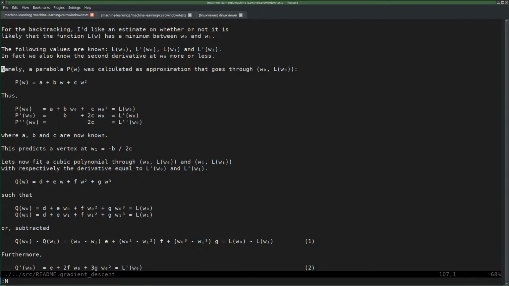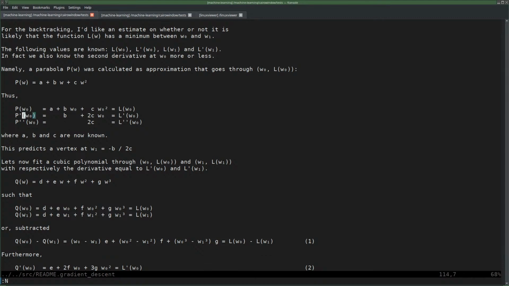Namely, we have the parabola P of W, which we can write down as coefficients A, B, and C, which therefore means that if you fill in W0, then it must equal L of W0, which was known. Or just W here is replaced with W0.